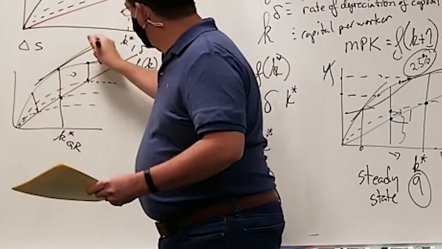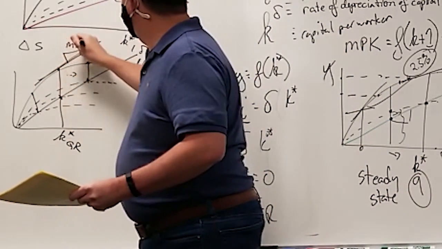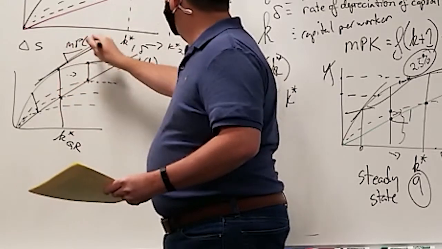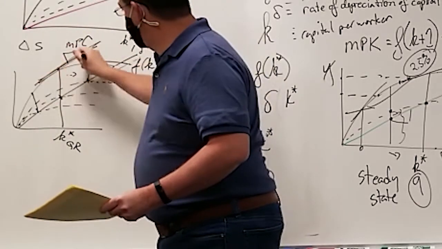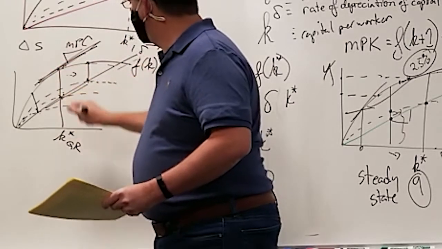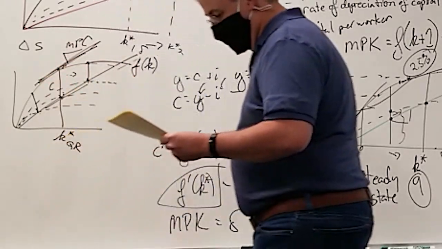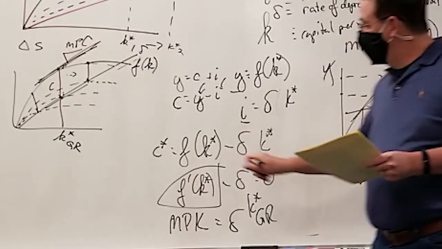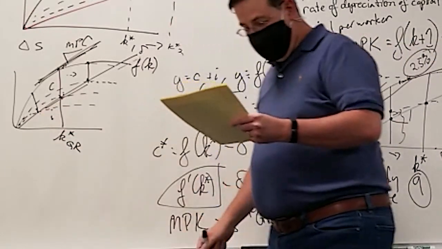Again, here's the marginal productivity of capital. Here's delta. And where the slope of this is equal to the slope of this, the distance is maximized, that distance being consumption. And the difference being what we invest.